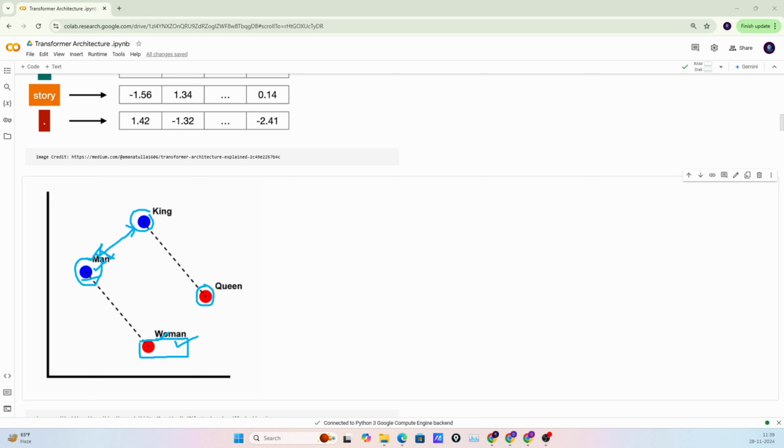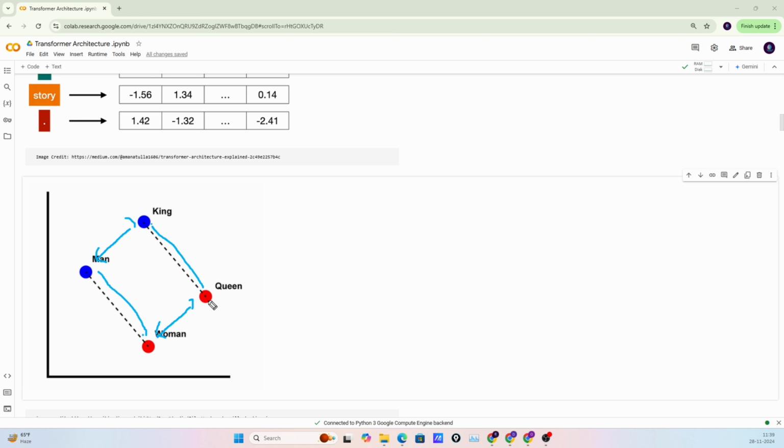So for example, if we talk about queen and woman, they would be statistically similar, or the distance between woman and queen would be less compared to the distance between queen and king or woman and king. And again the distance between king and man is also less compared to the distance between man and woman or king and queen, as per this diagram.